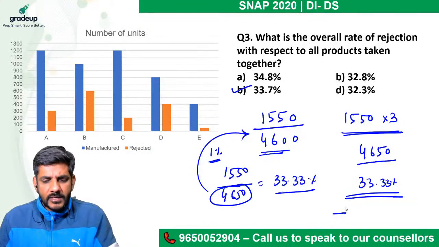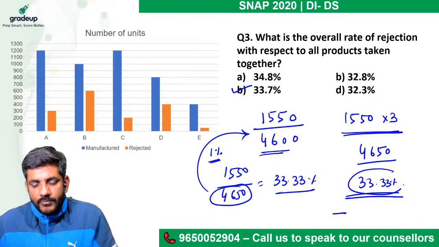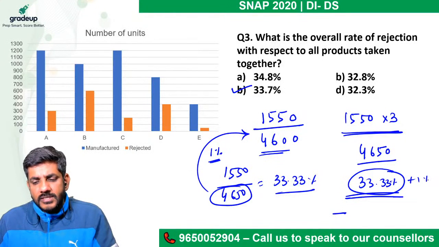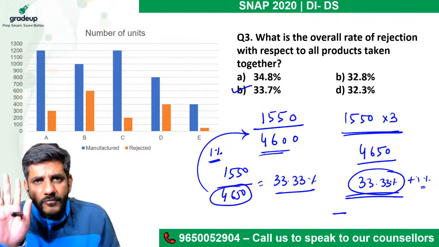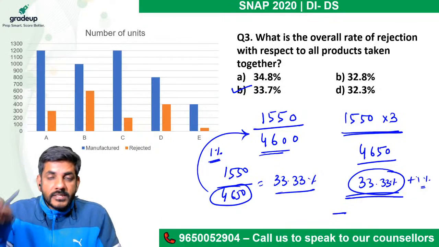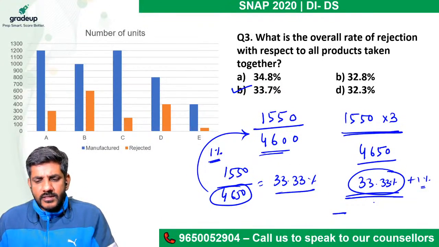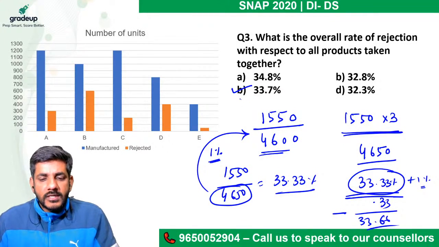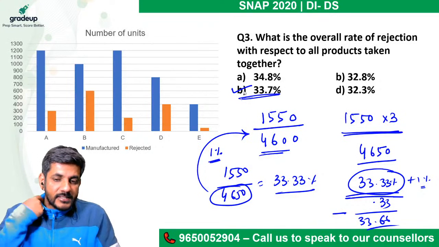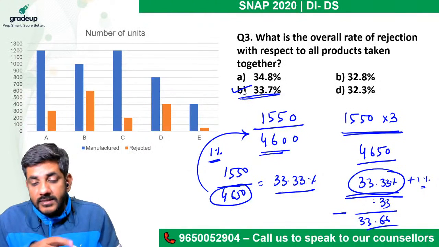So in 33.33 you add approximately 1%, but it will not make 34.33. 1% of 33.33 is 0.33. So my answer would be very close to 33.66, and hence I can say the answer is 33.7.